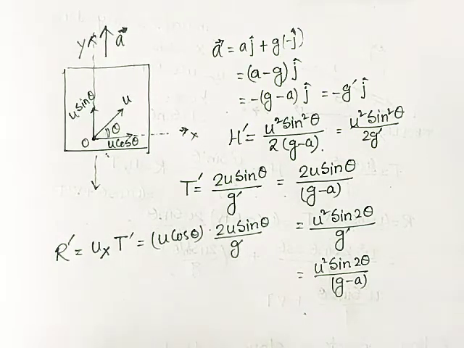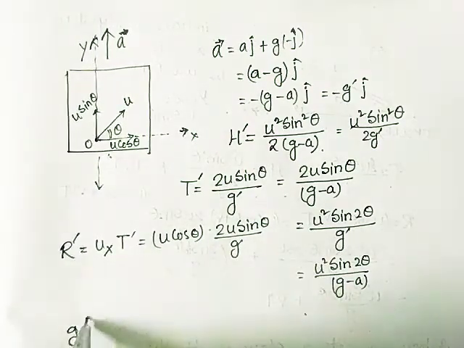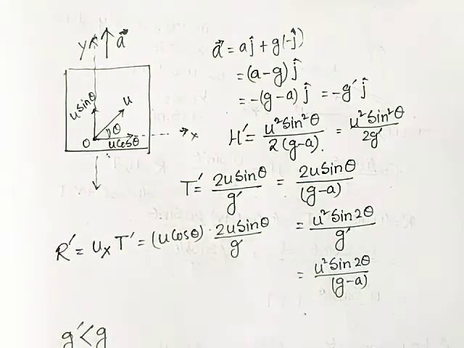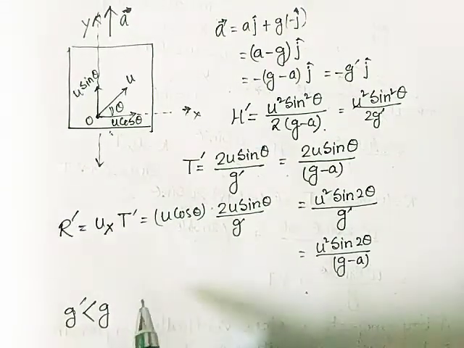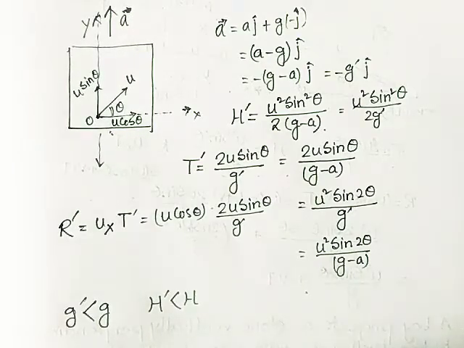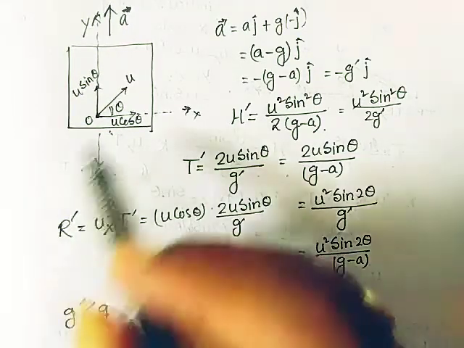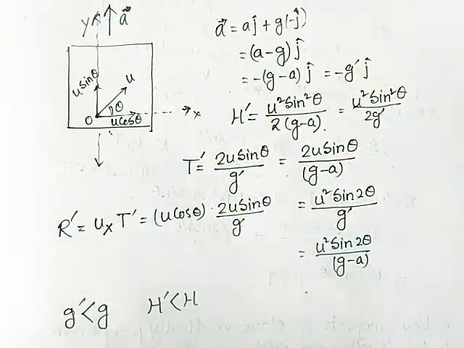In each and every case we can say that g prime is less than g. Since g prime is less than g, we can say from here that h prime is less than h. What is h? h is the maximum height attained by the particle if the acceleration is 0.